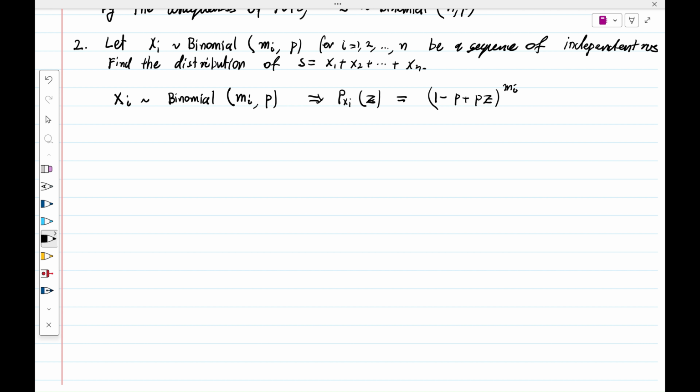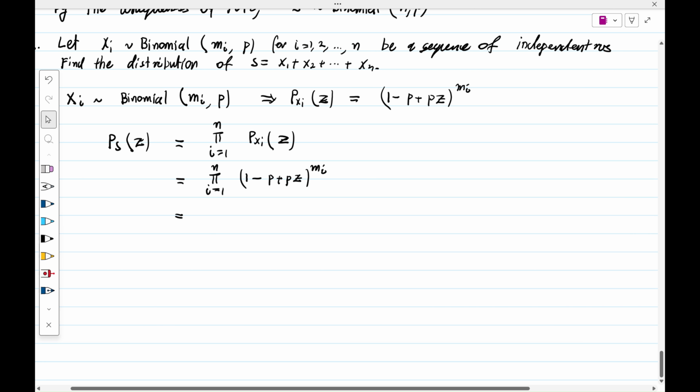Keeping that in mind, again, we're going to find the probability generating function of the sum, which we said we could get using the product from i equals 1 to n of the respective probability generating functions of the Xi's. Again, we can substitute that: the product from i equals 1 to n of (1 minus p plus pz) to the mi.